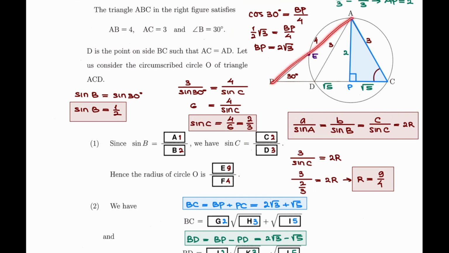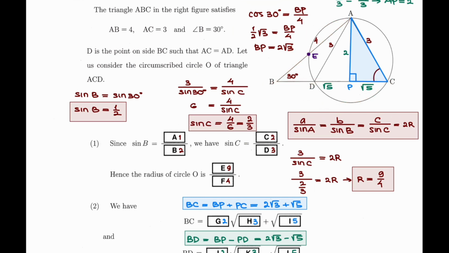So AB and CB are secant lines. The secant formula states that if you have two secant lines that intersect at a point, in this case AB and CB intersect at point B, then BE times BA is equals to BD times BC. This is the secant formula.